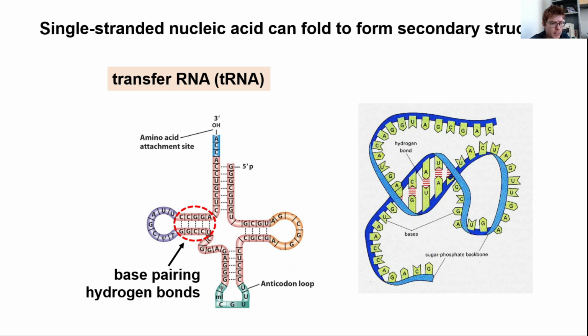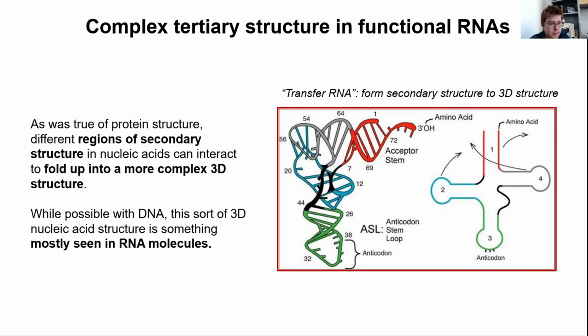What's interesting about many of these RNAs is that secondary structure enables the formation of more complex tertiary structure, in a manner similar to what you learned about protein secondary structure facilitating assembly of protein tertiary structure. So these regions of secondary structure, the base pairing in here, the base pairing in here, the base pairing in here, can then be folded up and connected together to create a more complex three-dimensional structure. And while this is possible with DNA molecules, in general, in the cell, we're mostly going to see this as something that RNAs do.